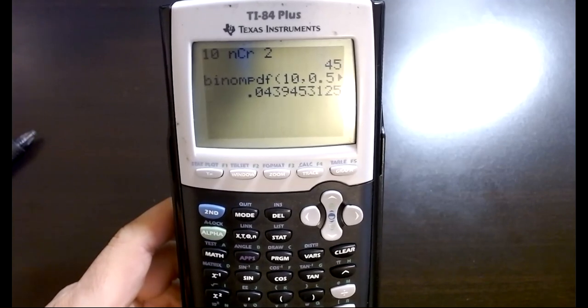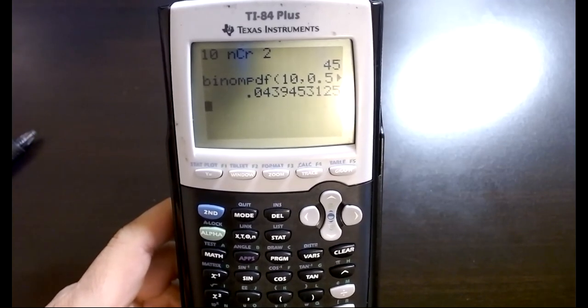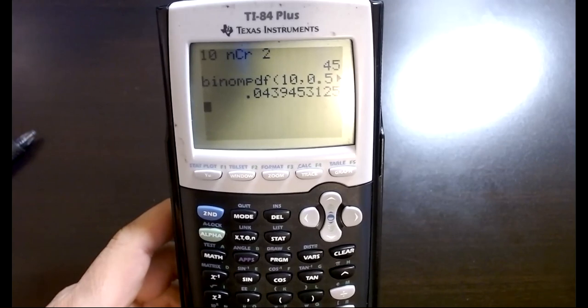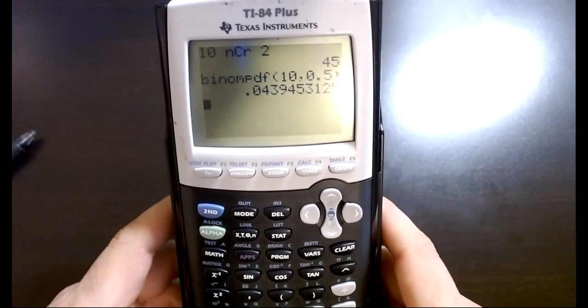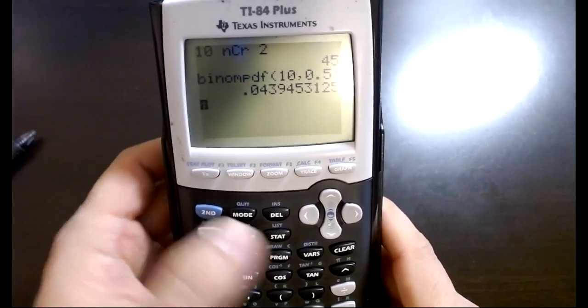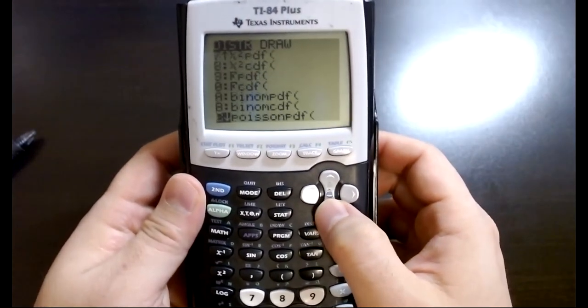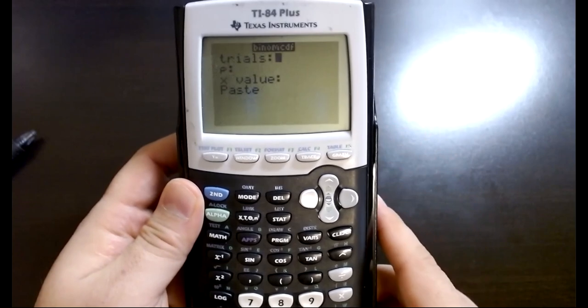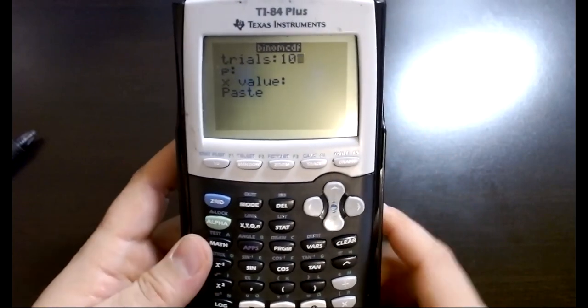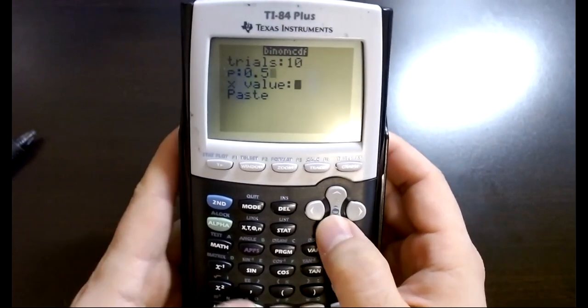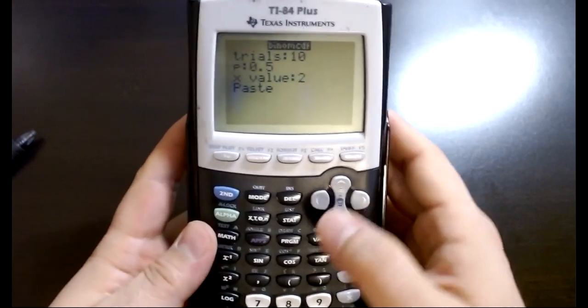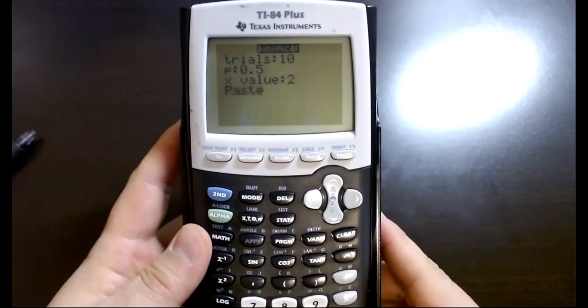Maybe we get 0 heads, 1 head, or 2 heads, up to at most 2. Then we use binomial CDF. Okay, so number of trials 10, p is 0.5, and then X value is going to be 2. Okay, and then paste.